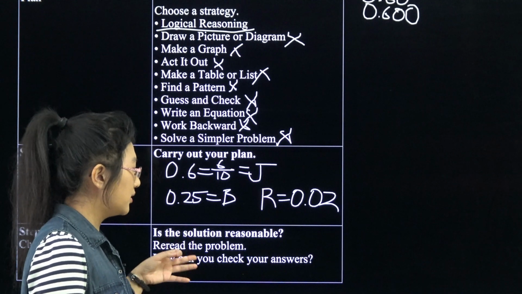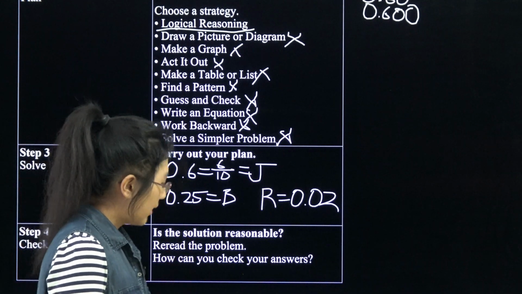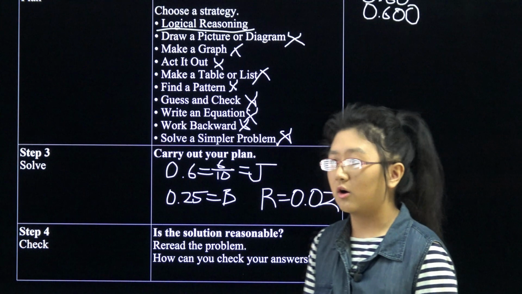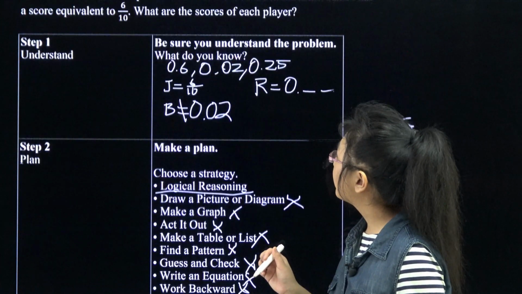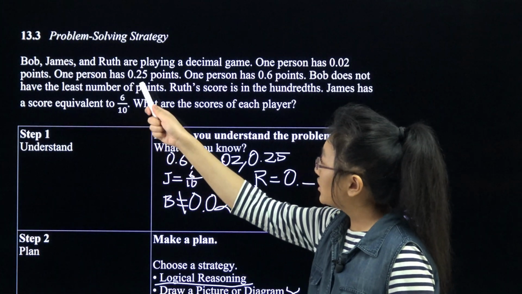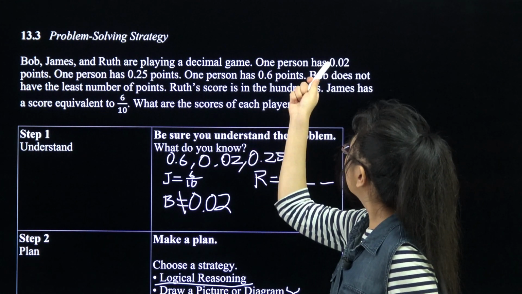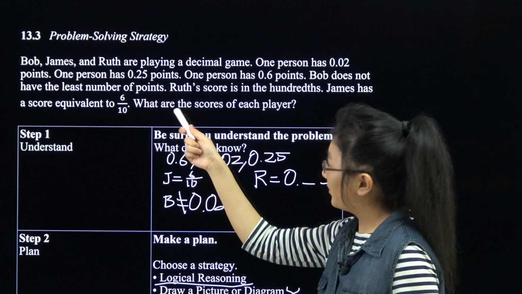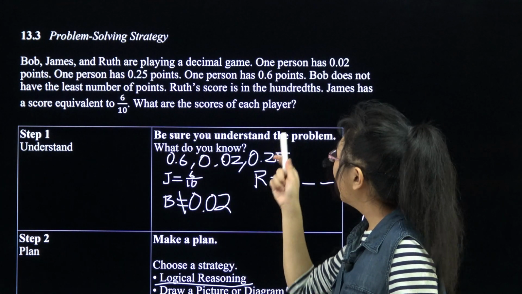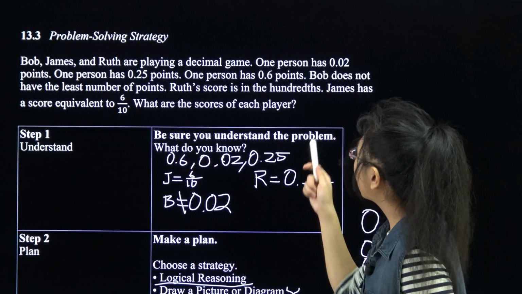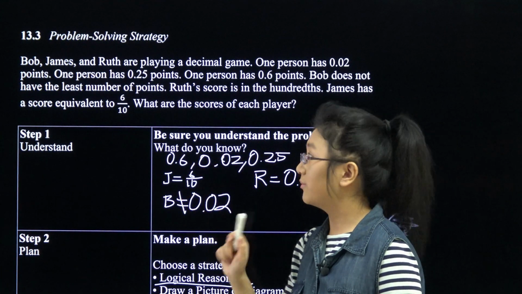So is the solution reasonable? Yes. And we reread the problem to make sure that we got all our facts straight. It says Bob, James, and Ruth are playing a decimal game. One person has 0.02 points, one person has 0.25 points, one person has 0.6 points. Bob does not have the least number of points.